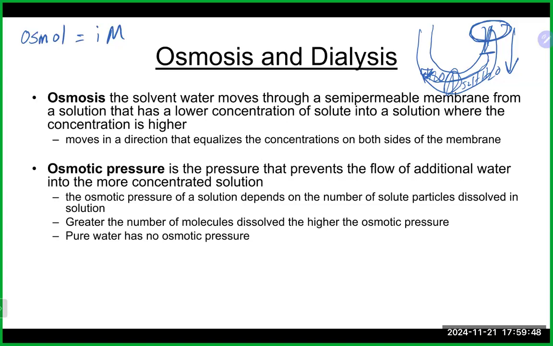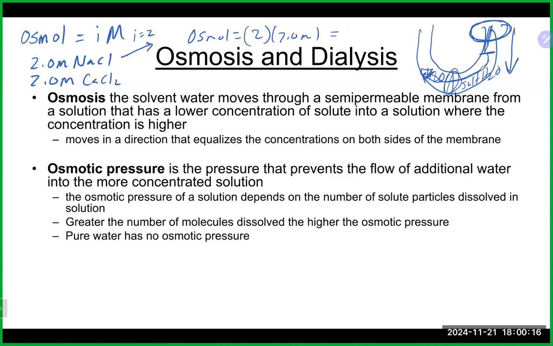So if you took a 2 molar sodium chloride solution versus a 2 molar calcium chloride solution, when you go calculate the osmolarity of each of these, as we talked about before, i in this case would equal 2 for our sodium chloride. So the osmolarity here for our sodium chloride solution would be 2 times our 2 molar, and that would give us 4 osmolarity.